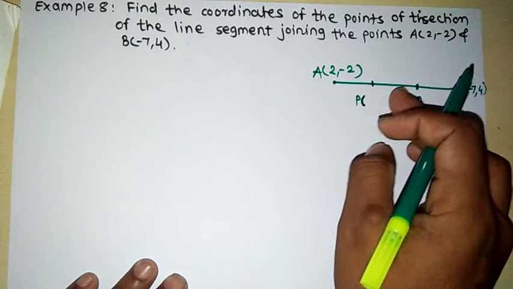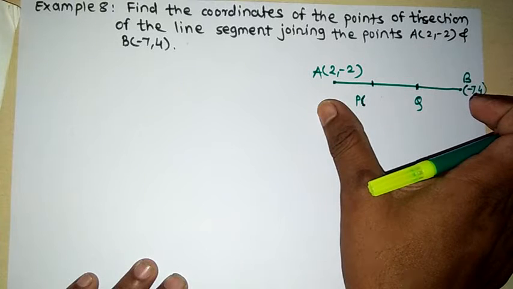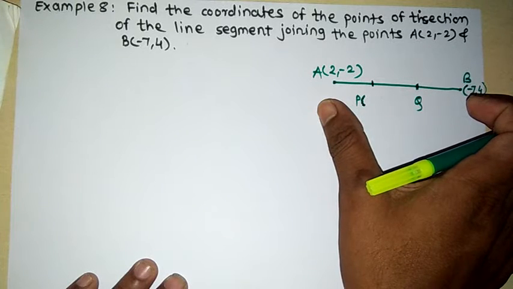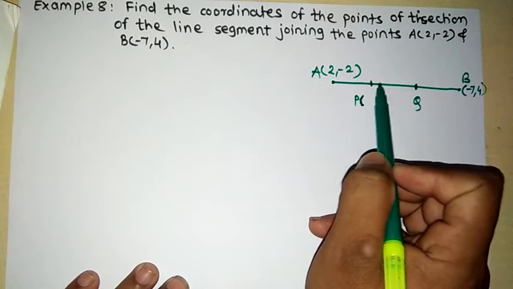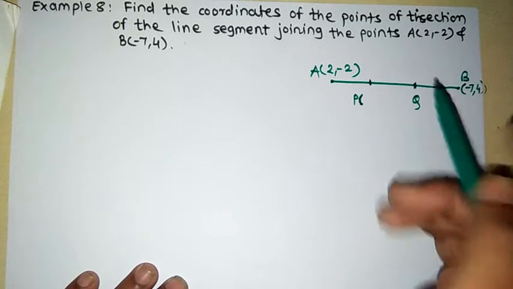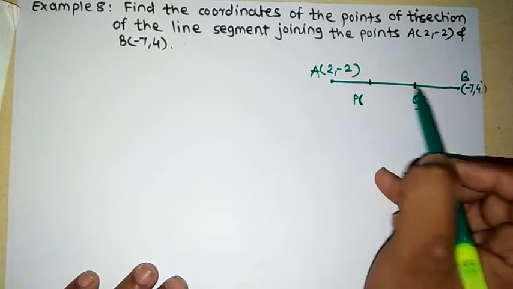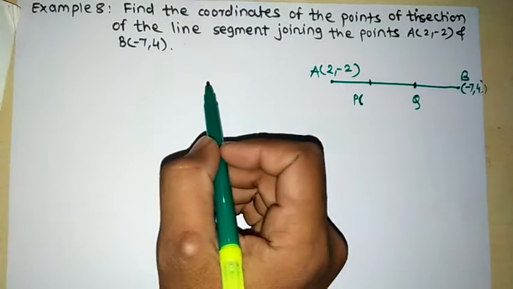Let us assume these points P and Q divide the line segment AB in 3 parts. That is trisect. Trisection means AP is equal to PQ is equal to QB, that is, into 3 equal parts.